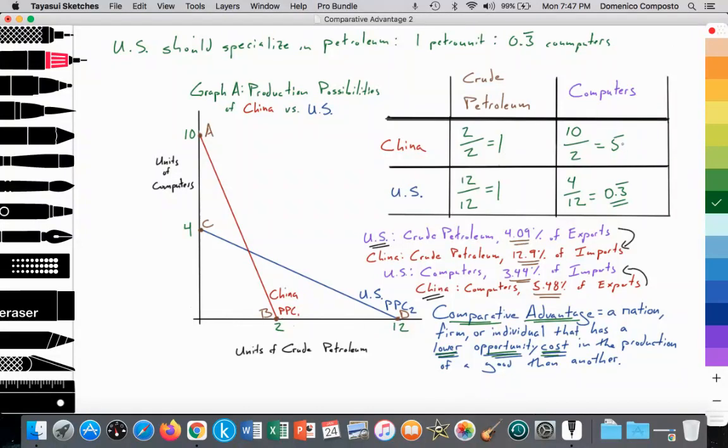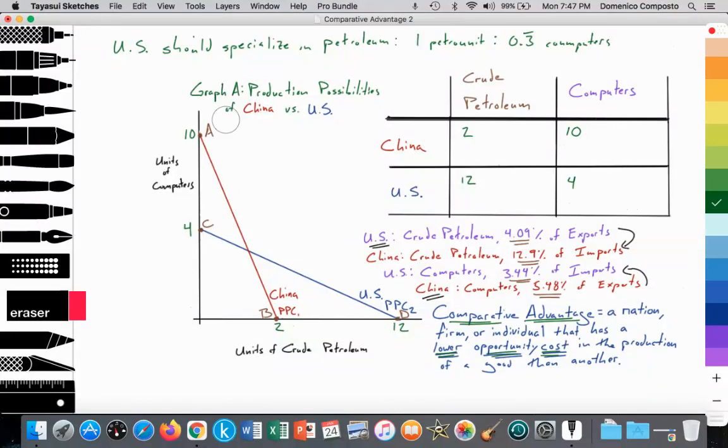Can we demonstrate that China has a lower opportunity cost in terms of the production of computers? Let's go ahead and do that. So we're going to start again with the original data. Okay.